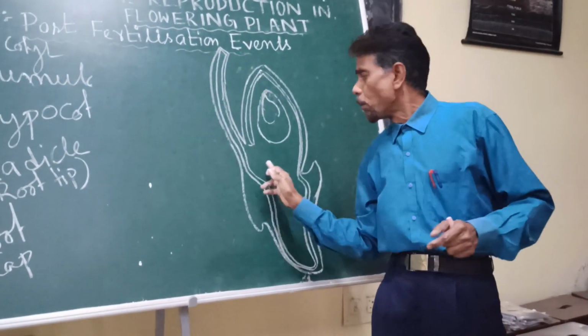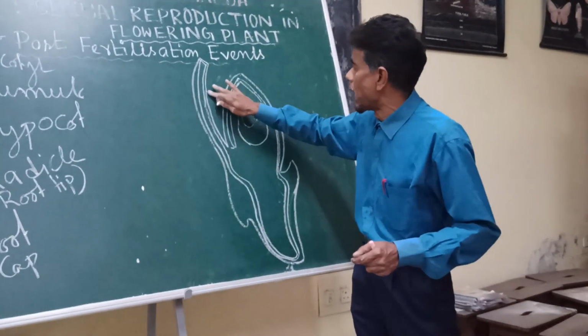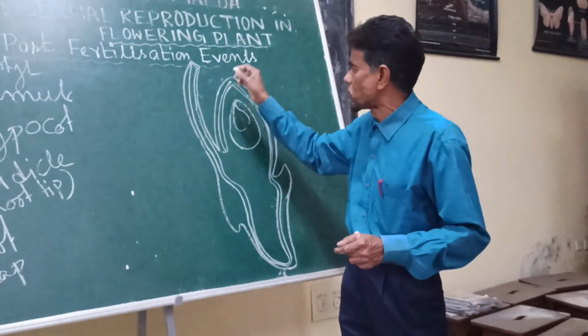At one end of this embryonal axis there is an attachment, a lateral appendage-like structure.